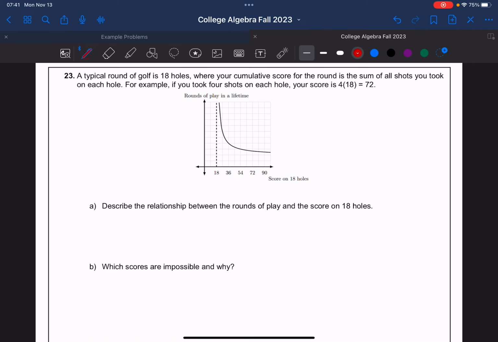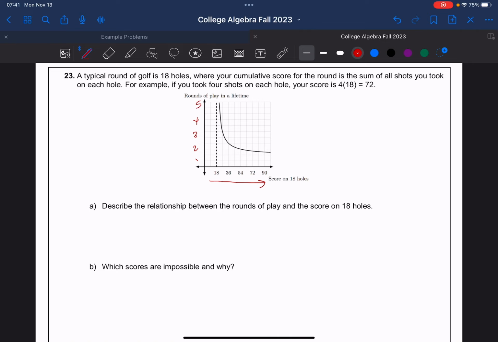It says, describe the relationship between the rounds of play and the score on 18 holes. Okay, so here's the score on 18 holes, right? This is the number of rounds. So we could say this is 1, 2, 3, 4, 5, right?